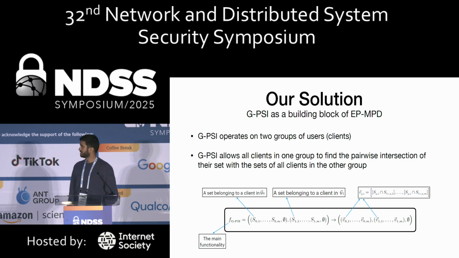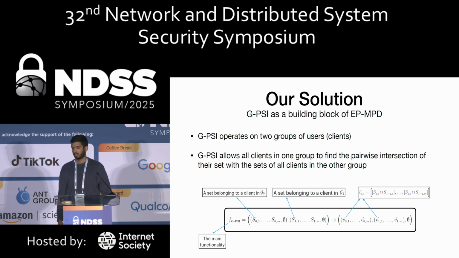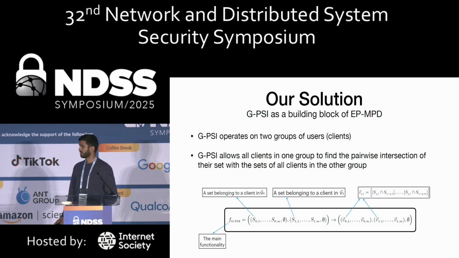The following expression here highlights the functionality of a GPSI protocol. The function takes two arguments. The first argument are the sets belonging to all clients in the first group, which we denote here as G0. And these are S01 to S0M, where 0 denotes the first group and 1 to M denote the M clients in the first group.